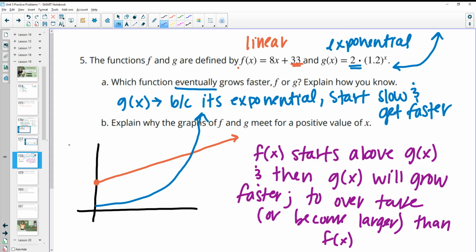So since g of x is starting lower, and then it's going to grow faster at some point, while f of x just keeps staying constant. So combine kind of the picture and the words idea.